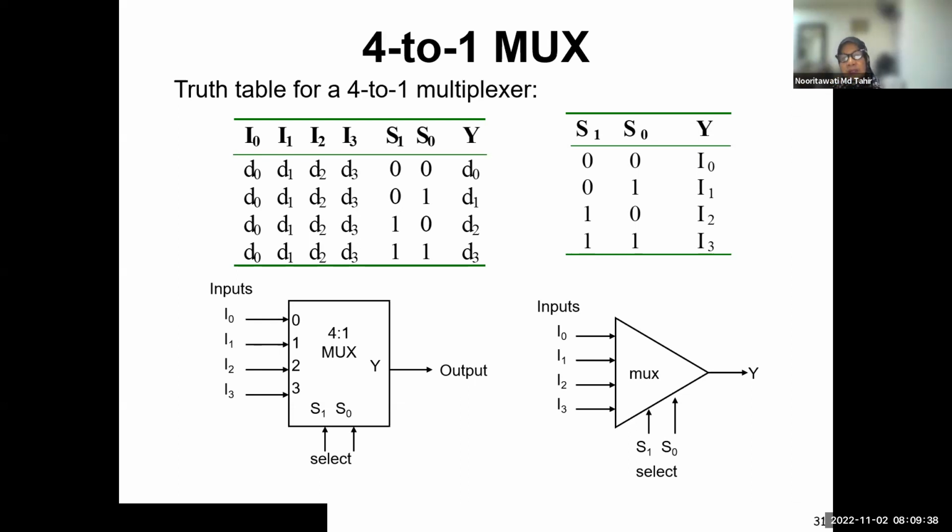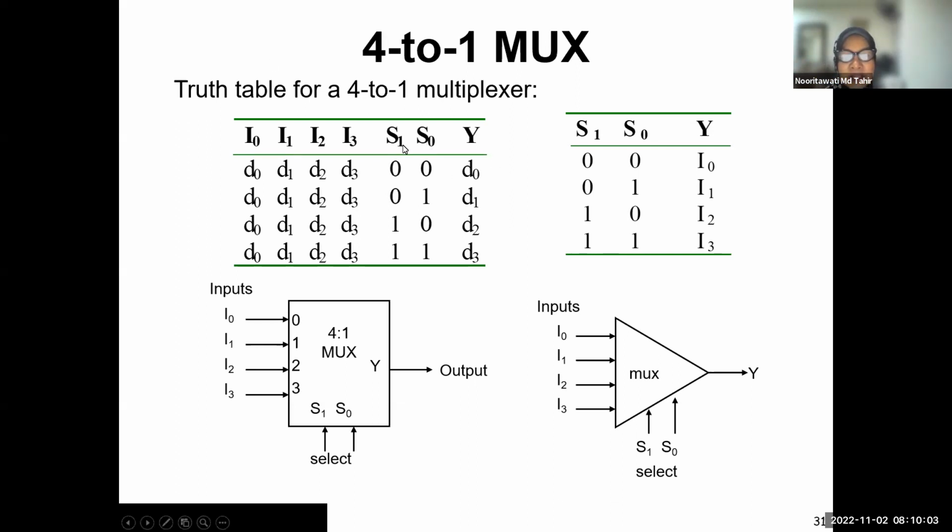The other one is encoder. If we have an 8 to 3 encoder or a 4 to 2 encoder, from the name we know the number of inputs and outputs. Now, multiplexer has only one output, but which input is sent depends on the select switch.